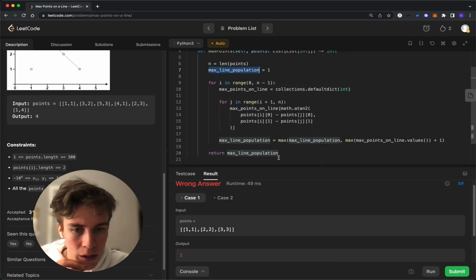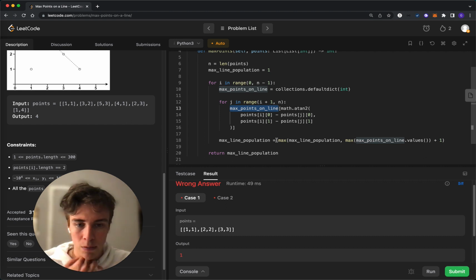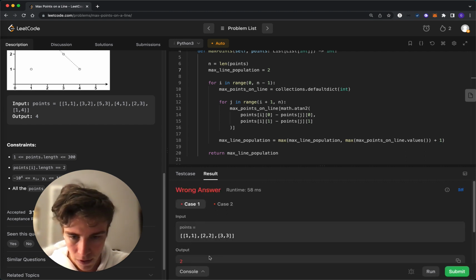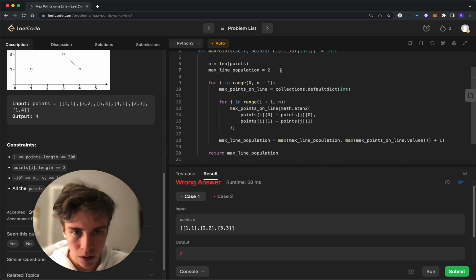Am I never resetting this? Math atan2, collection. So it seems to me like I'm never resetting this. If I run this, yeah, I'm never actually going into the loop.